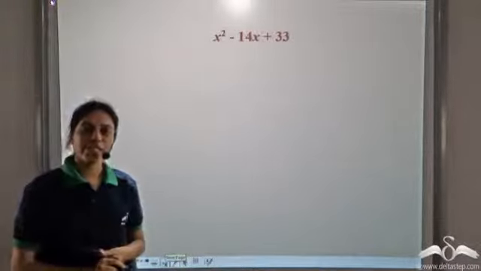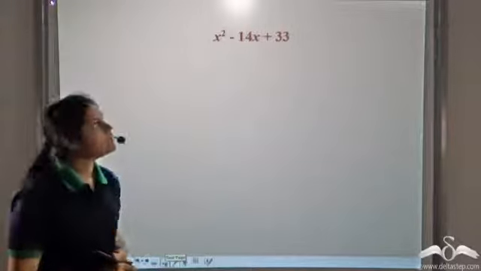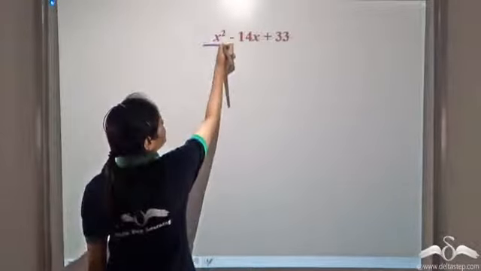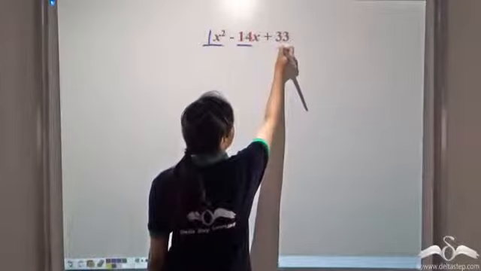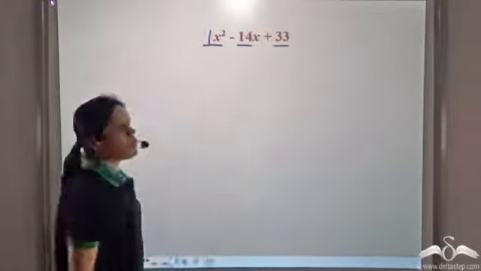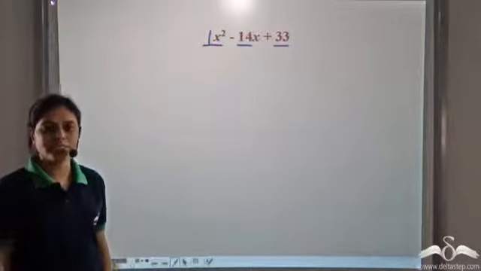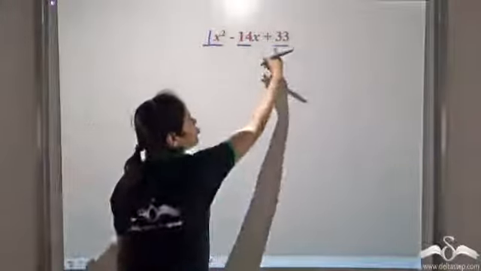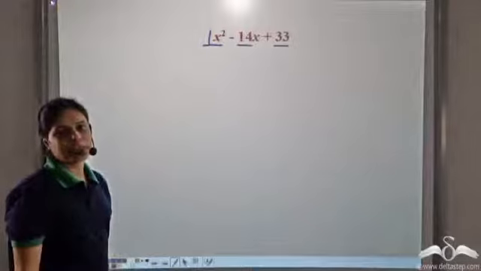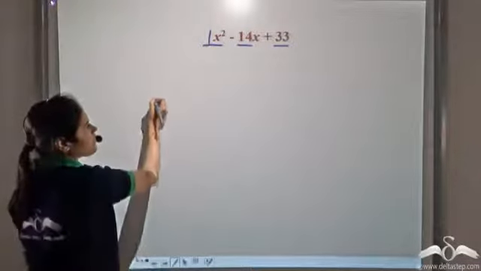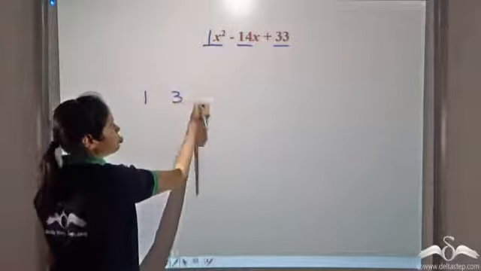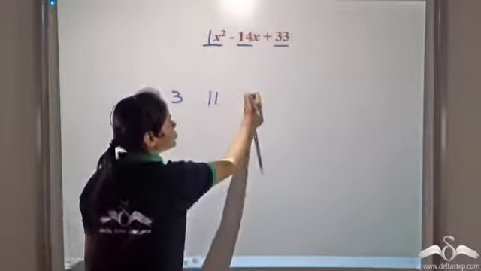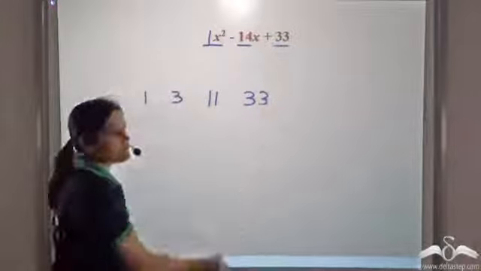Now you have to factorize it using factor theorem. So the coefficient of x square is 1 and the coefficient of x is an integer. The constant term is also an integer. So we limit our possibilities to the factors of 33. Now what are the factors of 33? 1, 3, 11, 33.